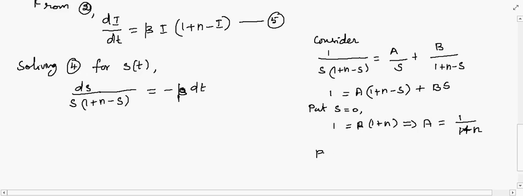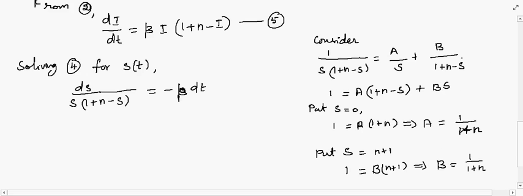Okay, now I will put s is equal to n plus 1, then I get 1 is equal to, now first term will be 0. If you put s equal to 1 plus n, then first term will be 0. So you will get b into n plus 1, which gives b equal to 1 by 1 plus n.